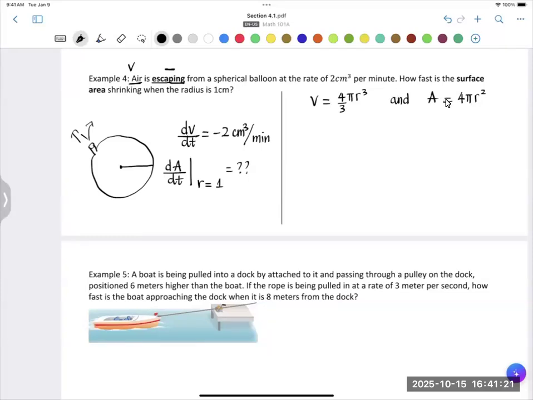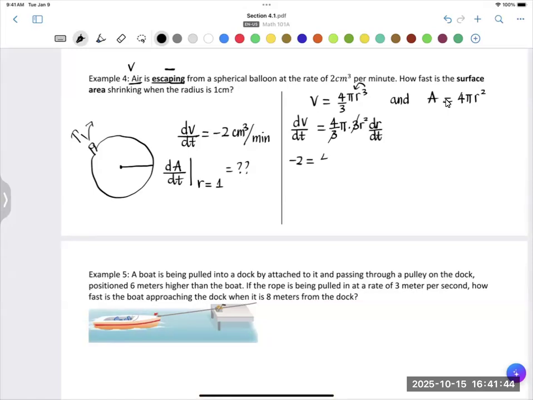equations. So the derivative of V over t, dV over dt, is 4/3 pi. Bring down the power, we have 3r squared dr over dt. And then plugging in what we have, the volume is -2, and the 3 and 3 cancel out.